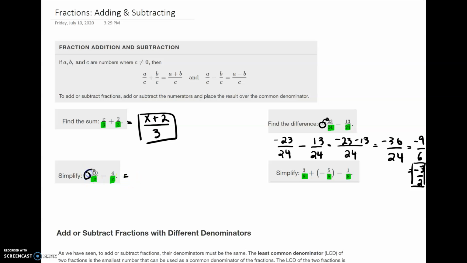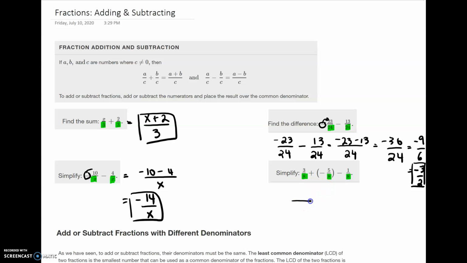For my third example, again, I'm going to attach that negative to the 10, and I'm just going to rewrite this as one whole fraction over x, because my denominators are the same, which would become negative 14 over x, and I cannot simplify that at all. Last example: just because I have 3 fractions does not change what I do.